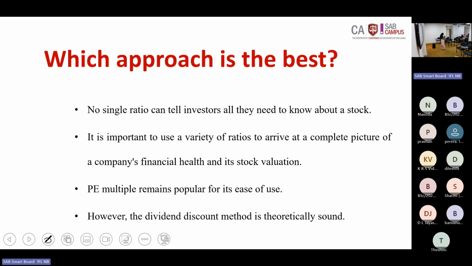Based on the company's evaluation policy, they will decide which approach to apply when evaluating ordinary shares. Which method is best will be answered by the company's financial manager according to their perceptions and the prevailing valuation.